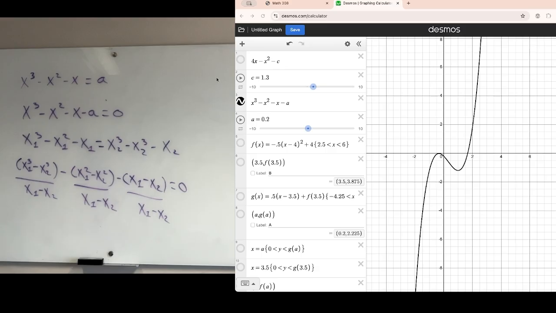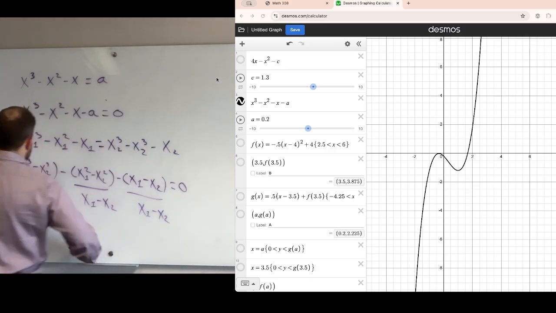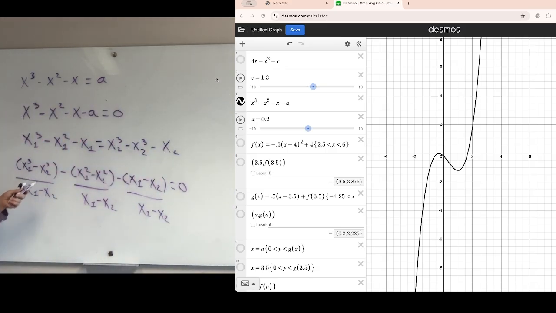Now, x1 cubed minus x2 cubed. Just to remind you, this is x1 minus x2 times x1 squared plus x1 x2 plus x2 squared. Sorry about that.